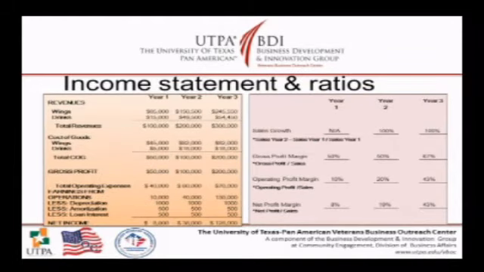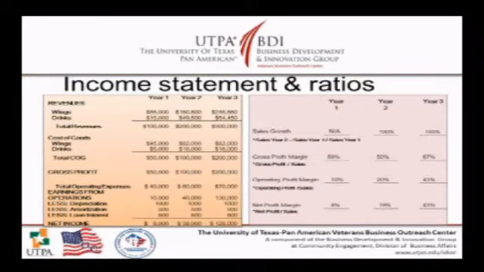Now you basically take your total revenue minus your total cost of goods sold, and that equals your gross profit, which in this case is $50,000. Next, you're going to take your operating expenses. And this is, once again, your everyday expenses: advertising, rent, utilities, things like that.